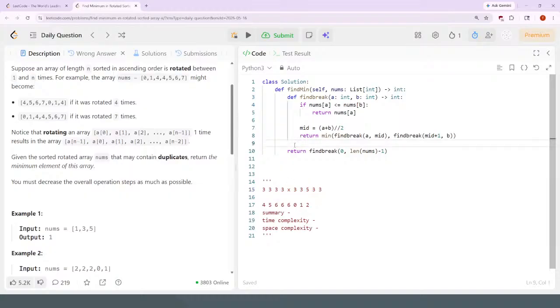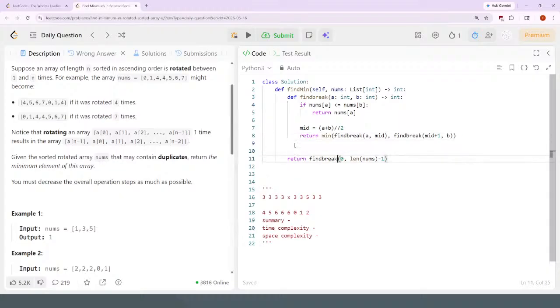So maybe I just need to store a high value or low value. You can skip it if I see a high value.